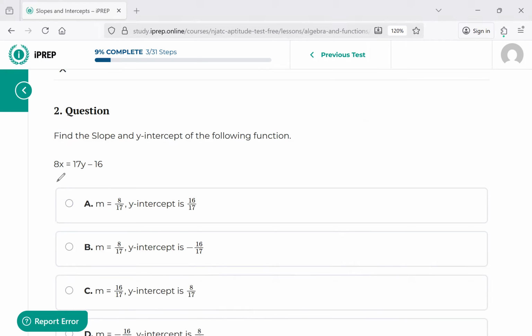Let's look at question 2. Find the slope and the y-intercept. Let's put it in y equals mx plus b, so we have to get y by itself. Your y is on the right side. First I would add 16 to both sides, so this cancels, and you're left with 17y equals 8x plus 16. Then to solve for y, you divide both sides by 17. So you get y equals 8 over 17x plus 16 over 17.